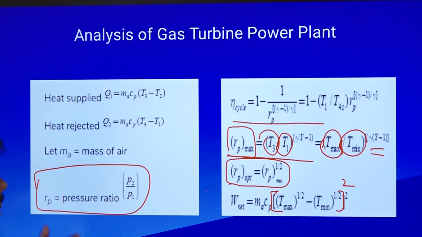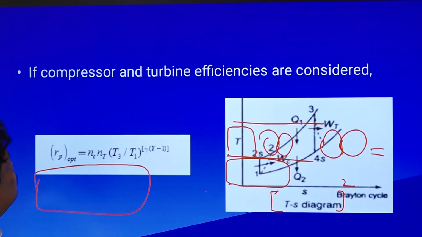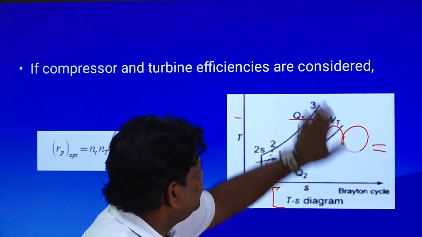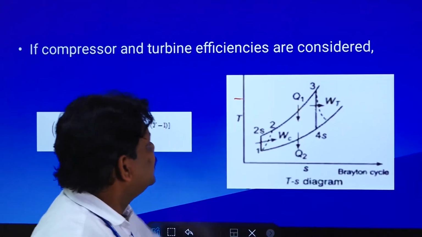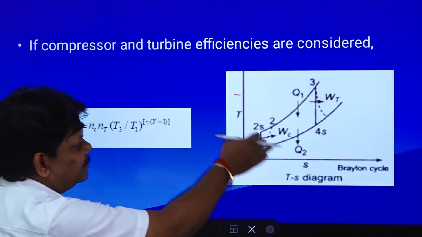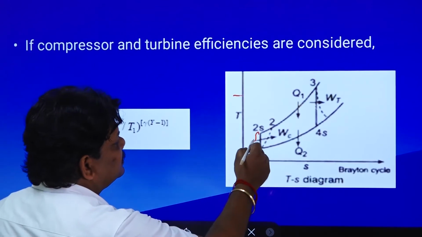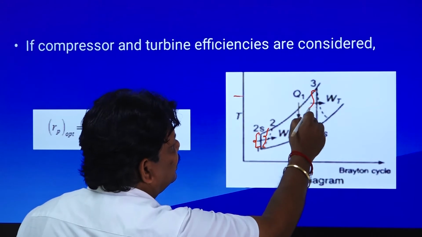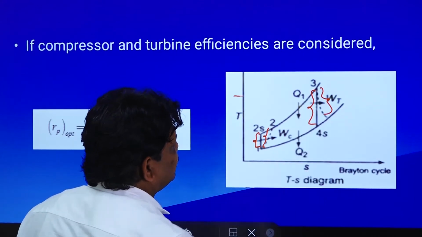Apart from this, you have some other formulas also, so you can see all those in the problems. If you are considering the compressor and the turbine efficiencies, you will get the T-S diagram like this. This is ideal and this one is actual, and similarly here this is ideal and this is actual.